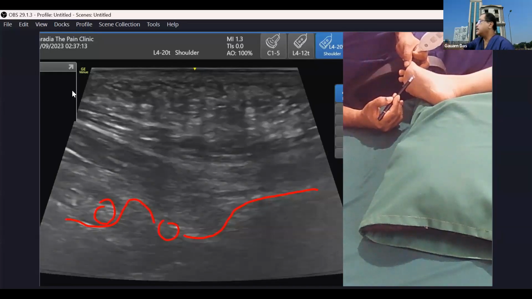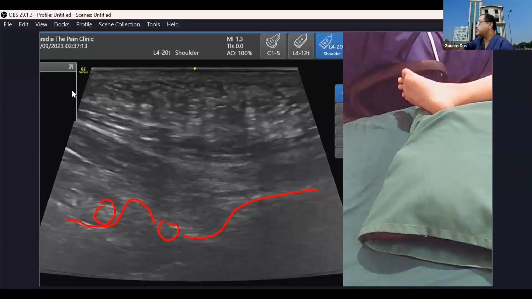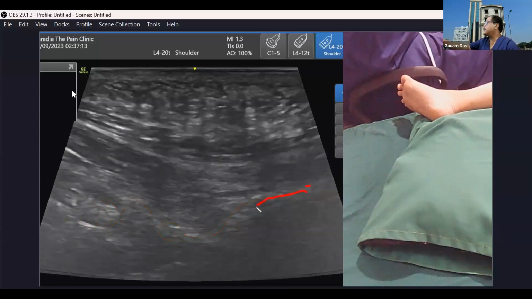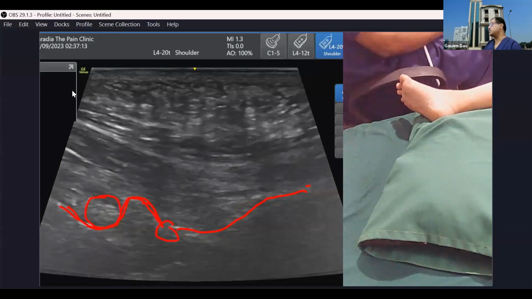This is the short axis of this tendon. So here is the calcaneocuboid joint, and the cuboid hosts one tendon, your peroneus longus tendon.